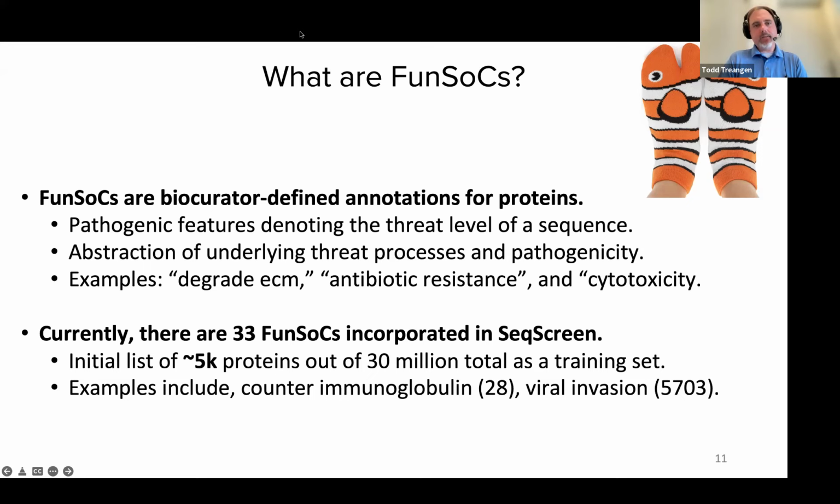There's a question there. How do you make your training data sets? That's a great question. What it comes down to is literature search the team has done over the past several years, based on available resources.